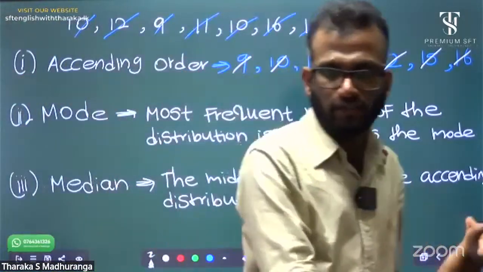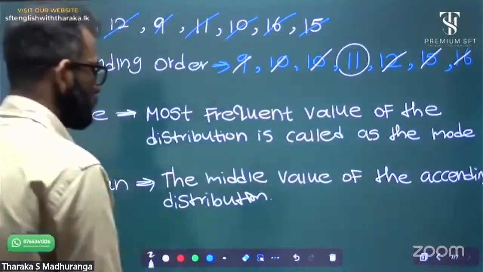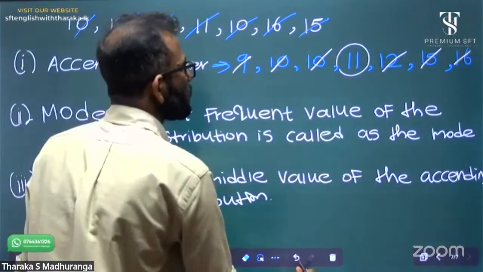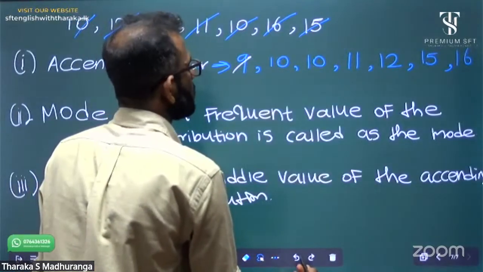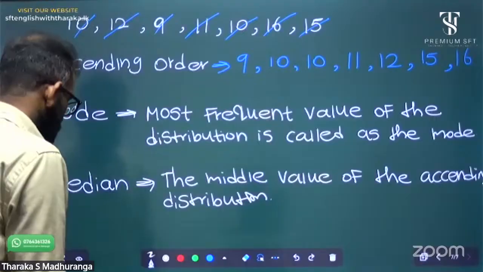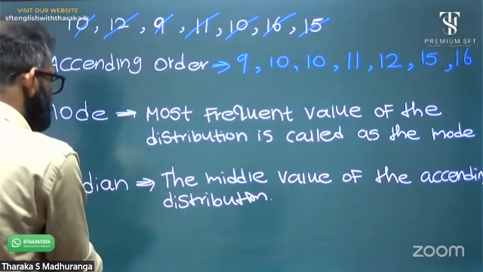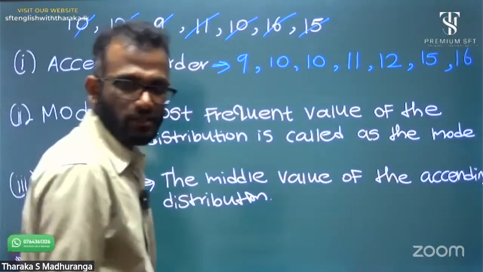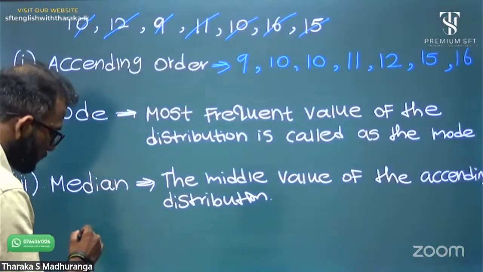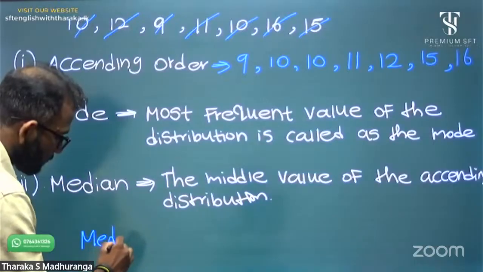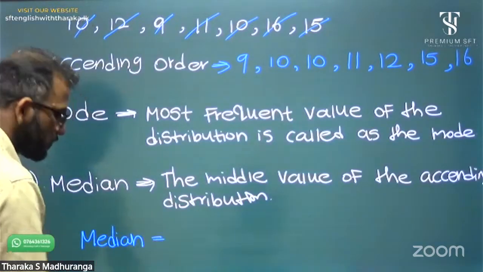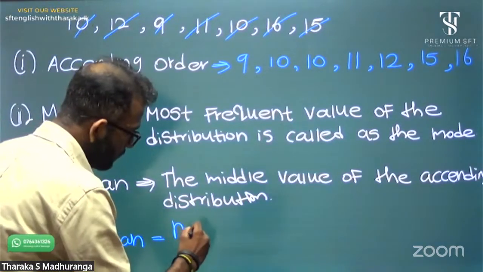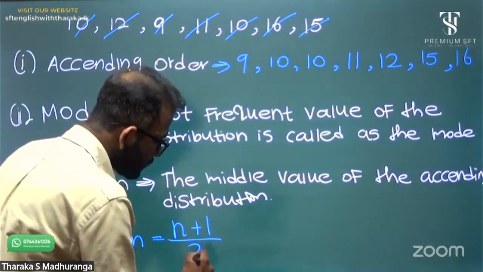Then 11 is the answer, but you have a special, easy method to calculate. Okay, how to calculate the median? Median equals (n plus 1) over 2.